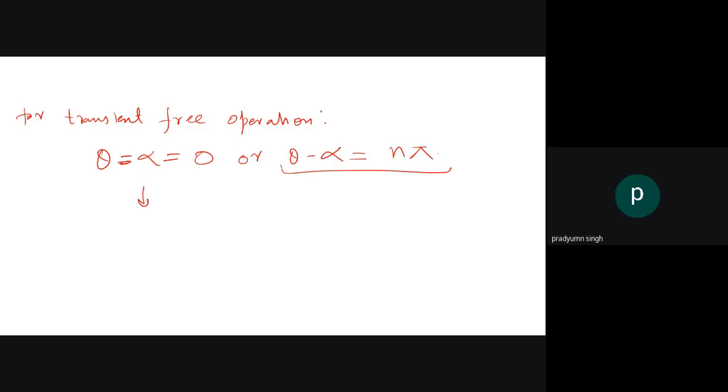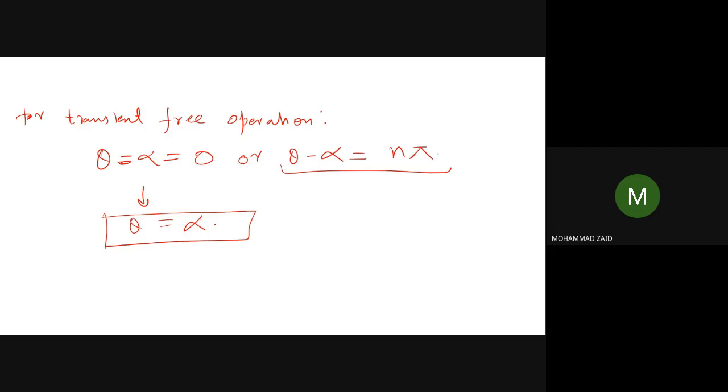So the easiest condition, the simplest condition we take, is theta equal to alpha. If we are considering only one condition, then theta is equal to alpha is the simplest condition.